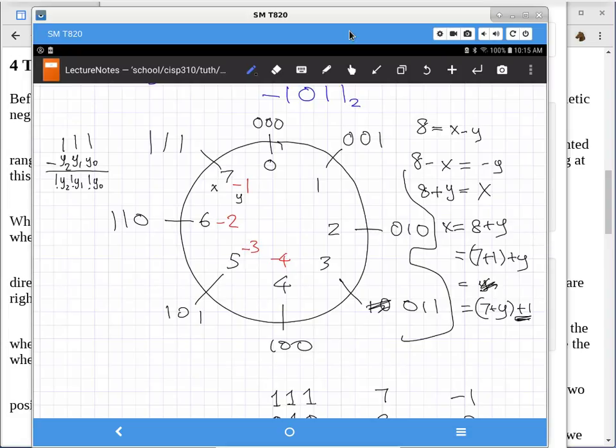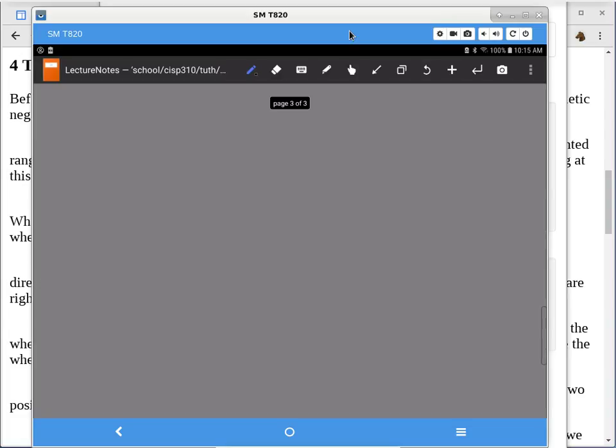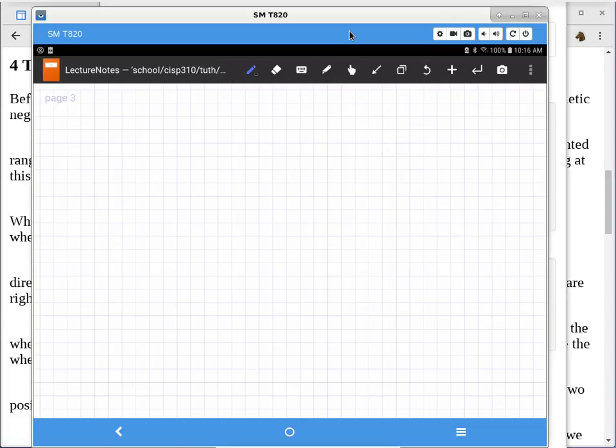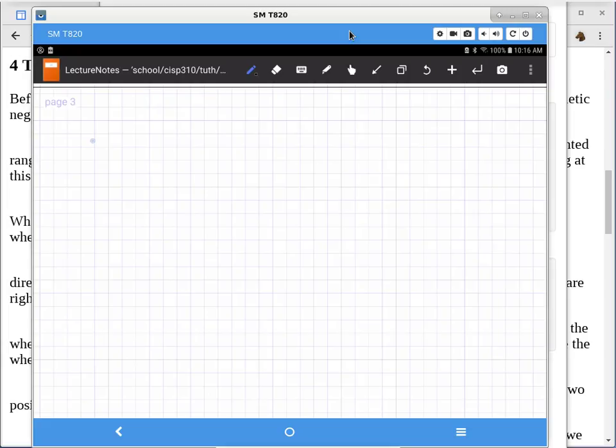Okay? All right, so let me just clean this up a little bit. So I use C2 to denote 2's complement. The 2's complement of a bit pattern X is the same thing as the 1's complement of the bit pattern X plus 1. Yeah, here we go.